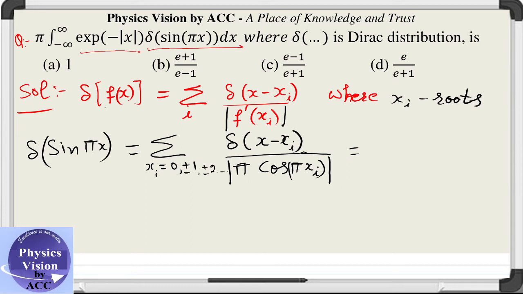What is the next step? Now let us substitute the values. 1 by pi is out of the bracket here. What is the value of the rest of the summation?